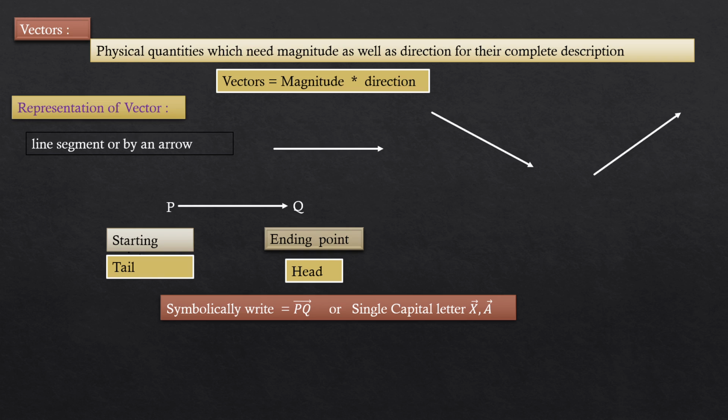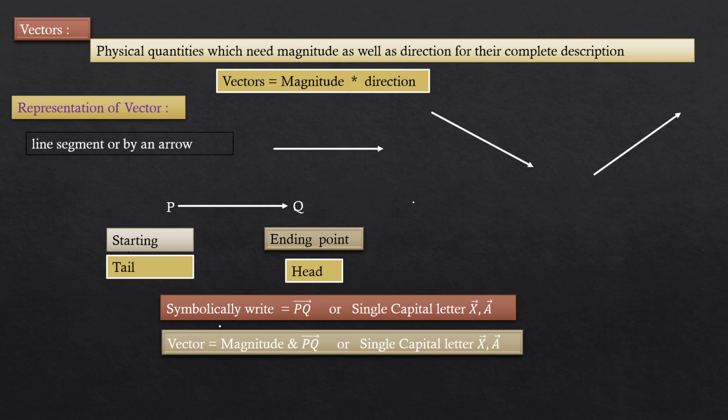Now a vector has magnitude and direction. Direction is always represented by a cap. So a single capital letter, x bar, a bar, can also represent a vector. A vector has a magnitude.